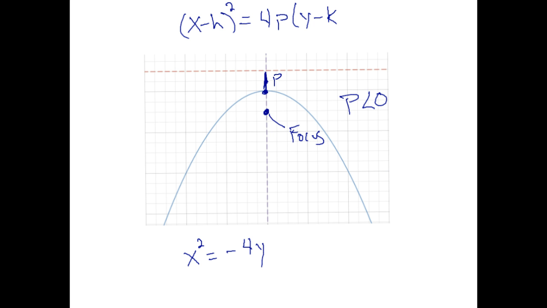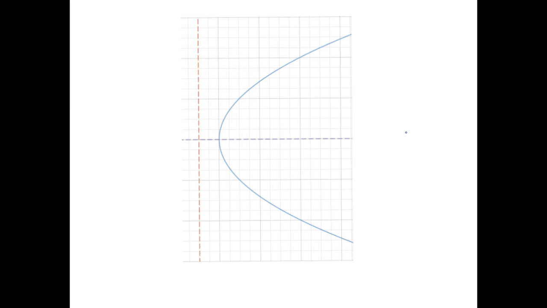All right, now what if we have a horizontally aligned parabola? Then we're looking at the general form of y minus k quantity squared is equal to 4p times x minus h. Okay, where hk is still our vertex, so this vertex right here is still hk, and we have our focus, which is going to be at this point here, and we have our directrix at this vertical line, x equals h minus p.